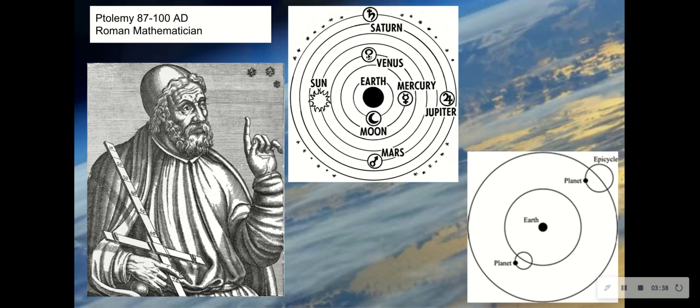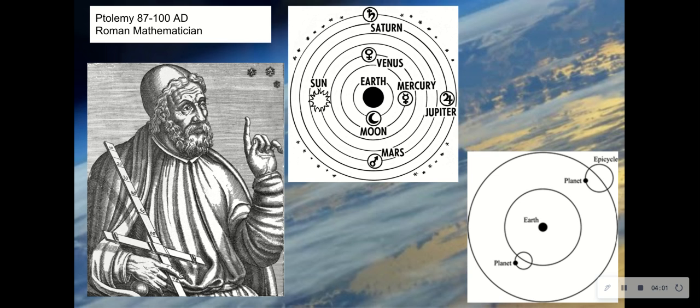We have Mercury, Venus, Saturn, Jupiter, Moon, Mars, and the Sun. A lot of people believed that the Sun revolved around the Earth, and so did all the other planets that they knew of at this time. Obviously, we know today that that is not true.